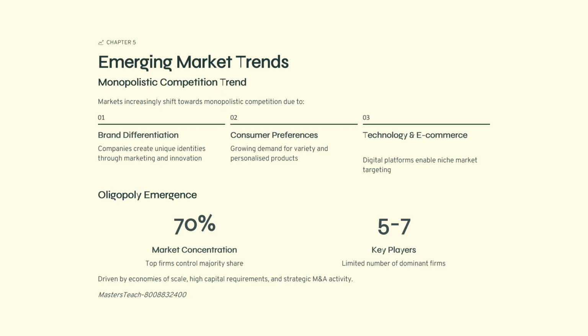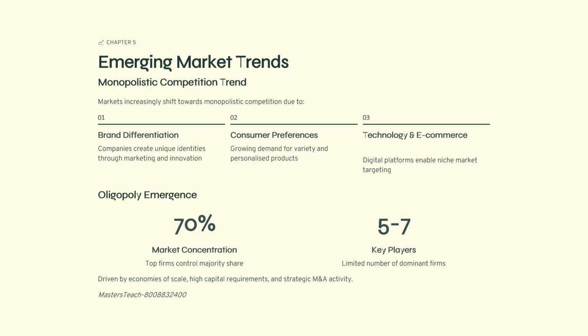Then emerging market trends. Basically in monopolistic competition, one is brand competition, then consumer preference, then technology and e-commerce. They concentrate in oligopoly. As I said, Reliance Jio, Airtel and VI are the oligopoly. They hold 70% of the market in their hands, and only 5 to 7% are other players.